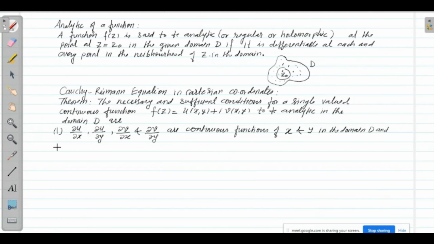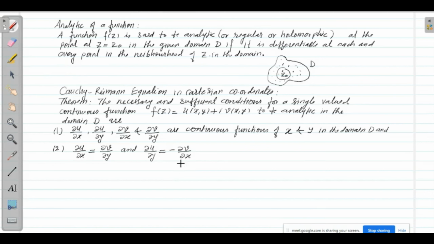And the second condition, it must satisfy the equation: dou u by dou x equal to dou v by dou y, and dou u by dou y equal to minus dou v by dou x.